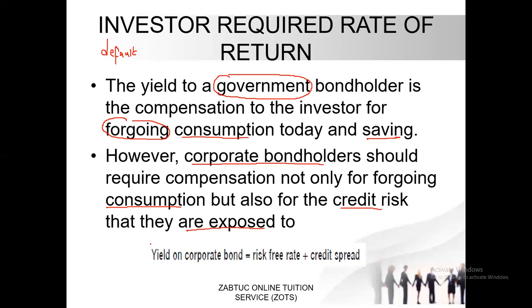So if you invest in a bond, your yield is risk-free, and on top of that there's a credit spread, which is the default risk. What the investor requires is a yield, and that same figure becomes a cost to us.